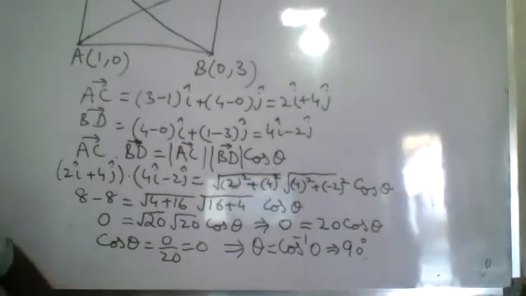So this rectangle is a square. In the same way, we will use the dot product to find the angle between two vectors, two sides of a triangle, the two diagonals, etc.